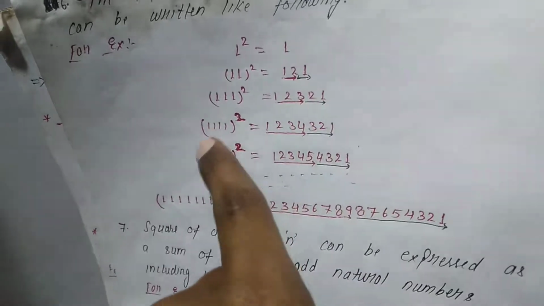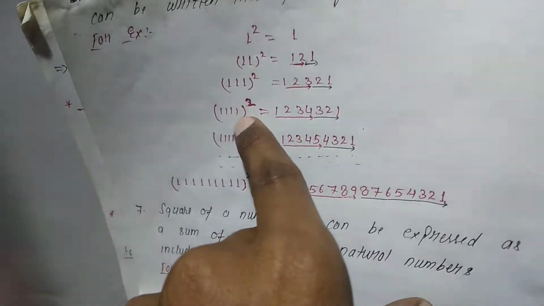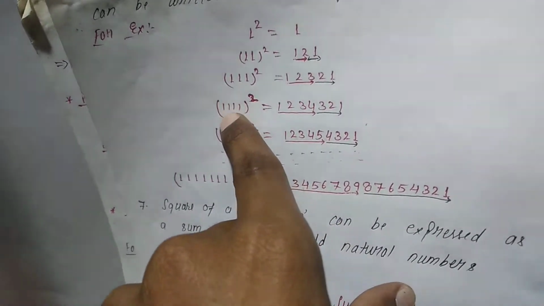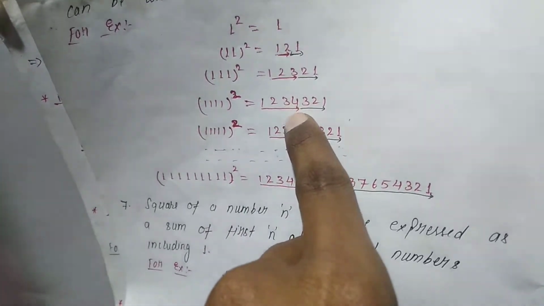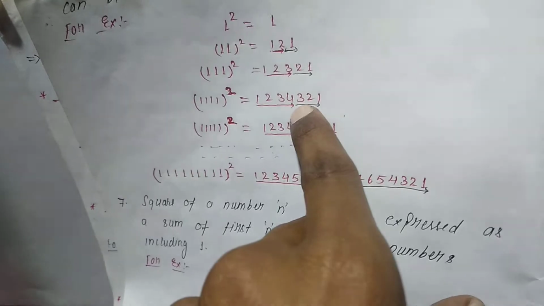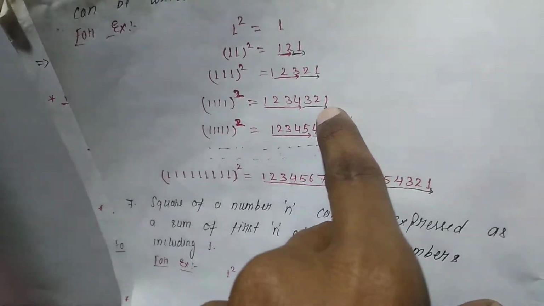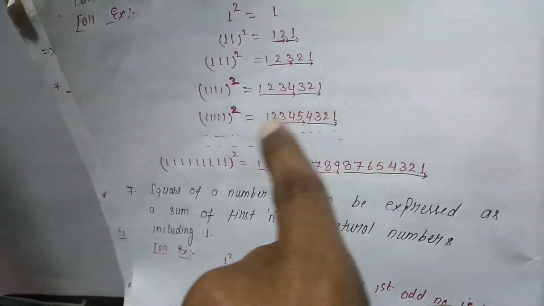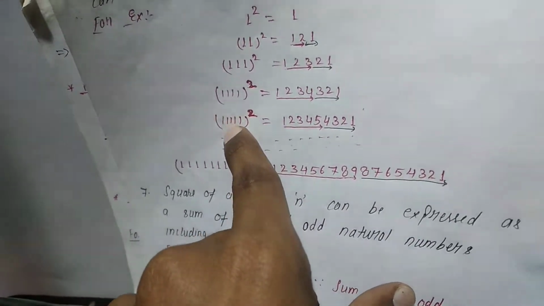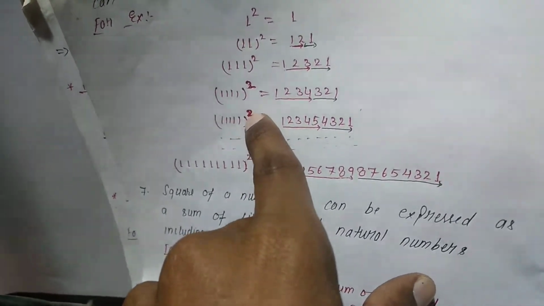See here, 4 ones are there whose square is needed to be found. See, 1, 2, 3, 4. Now 1, 2, 3, 4 in counting we have written. Now from 4 we move in descending order, 3, 2, 1, till 1. Now see here, 5 ones are here and its square is needed.